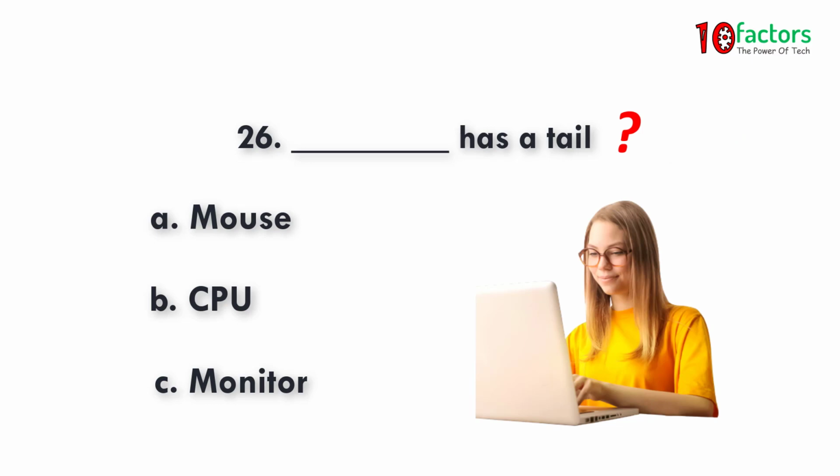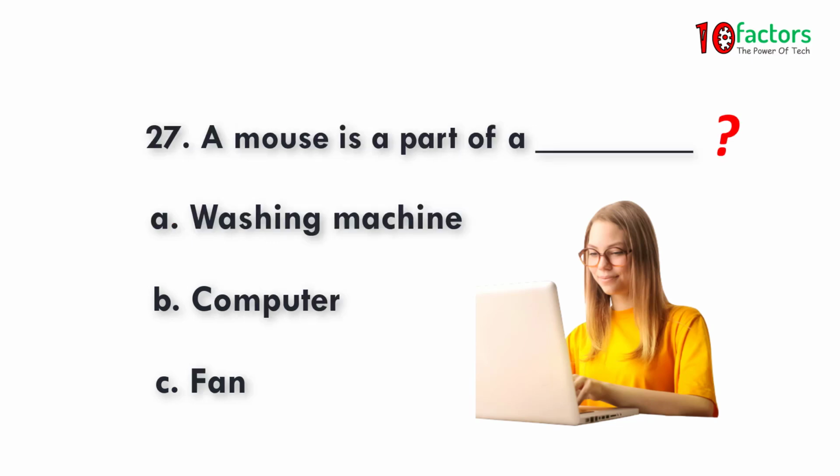Question 26. Has a tail. A. Mouse. B. CPU. C. Monitor. Right answer, A. Mouse. Question 27. A mouse is a part of: A. Washing machine. B. Computer. C. Fan. Right answer, B. Computer.